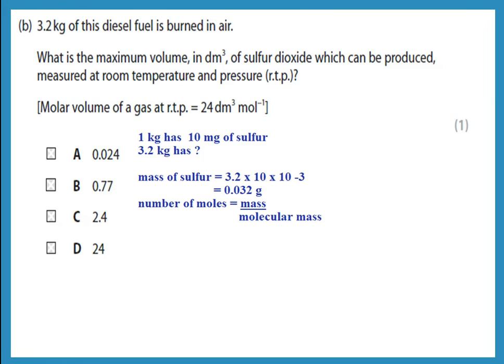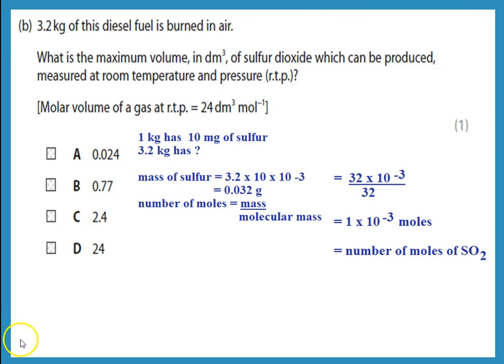So this comes out to be 0.032 grams. Now, number of moles is mass over molecular mass, and he wants the volume of this. So the mass over molecular mass will give me the number of moles, because I need the number of moles of sulfur dioxide and sulfur in order to get the volume of sulfur dioxide.